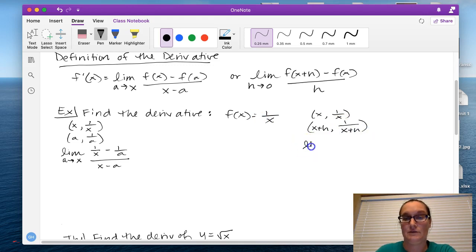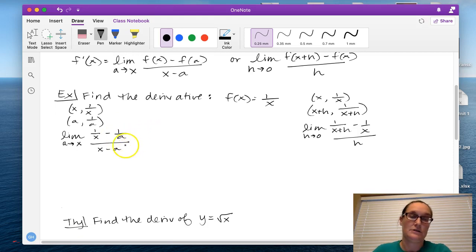Then we do the limit as h goes to 0 of 1 over x plus h minus 1 over x, all of that over h, because x plus h minus x is h. It'll look a little different as you solve the limit, but it's going to be the exact same steps.